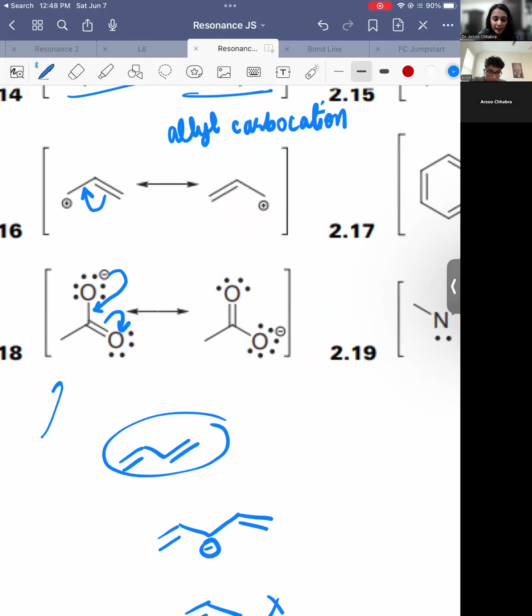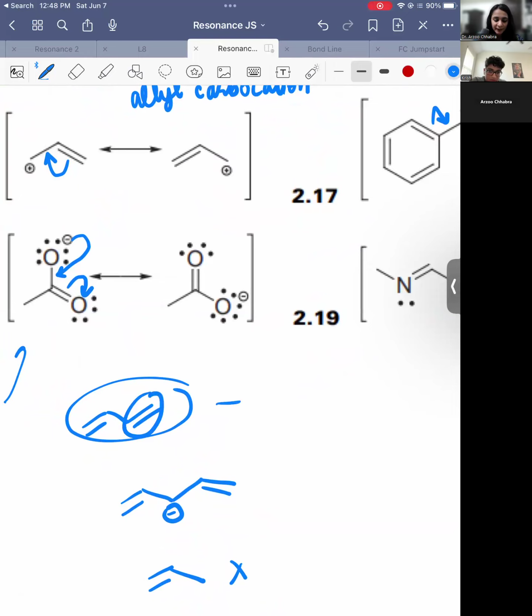Think about this: a double bond can actually be written another way. I can move the electrons in the double bond to the end carbon, so that would look like this. You would get a negative here and a positive here. So you can write a double bond with a charge of a positive and a negative.